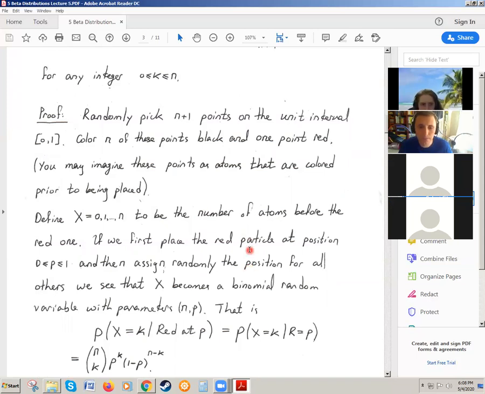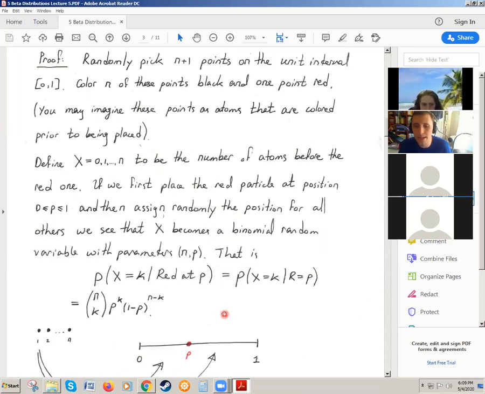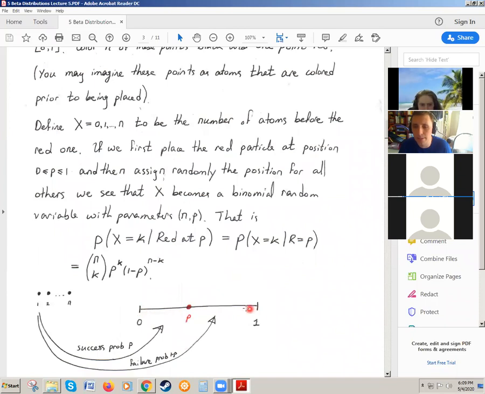Okay, so here is what's happening. I need to condition, right? Look at what can happen here. If I know where the red particle is, I just keep track of where the red particle went. Let's say the red particle ended up here, and then we have additional black particles, and each black particle is equally likely to be anywhere on the interval.